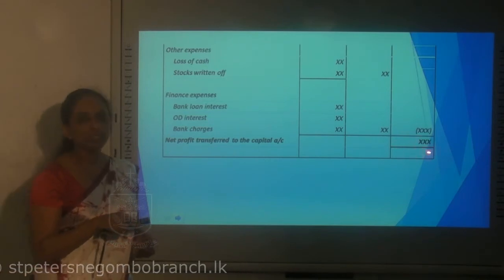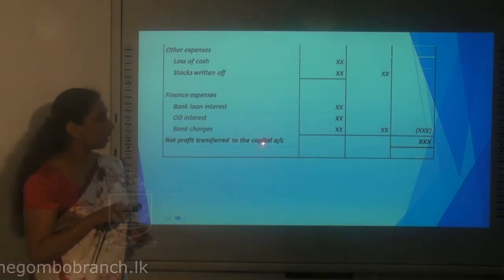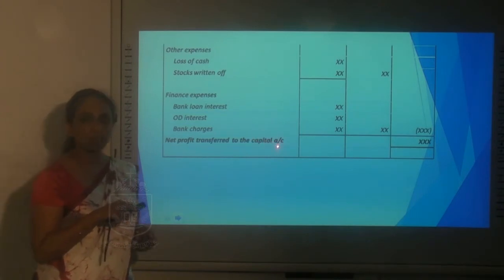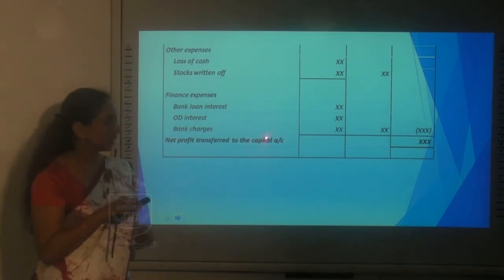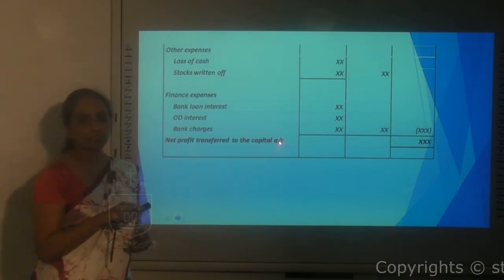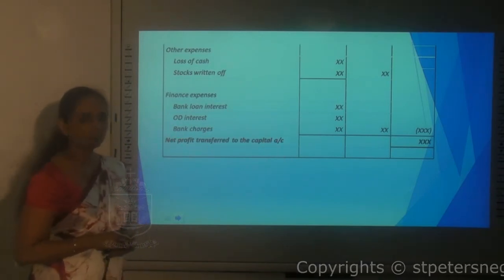So all the profits belong to the owner, and whatever belongs to the owner is mentioned in the capital account. Therefore the net profit will be transferred to the capital account.